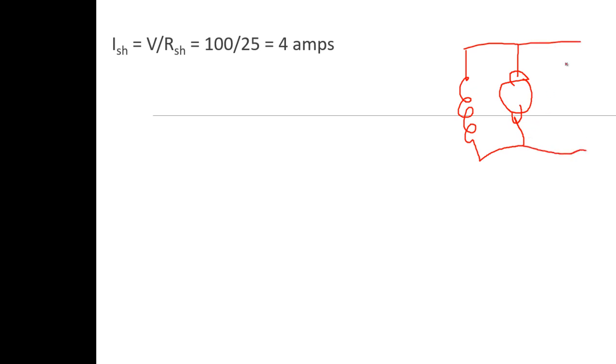You will get the formulas from the circuit diagram only. If it is a generator, the current direction will be this side. I mean, it is a motor, so the current direction will be towards the armature, otherwise it will be away from the armature. We know that already.